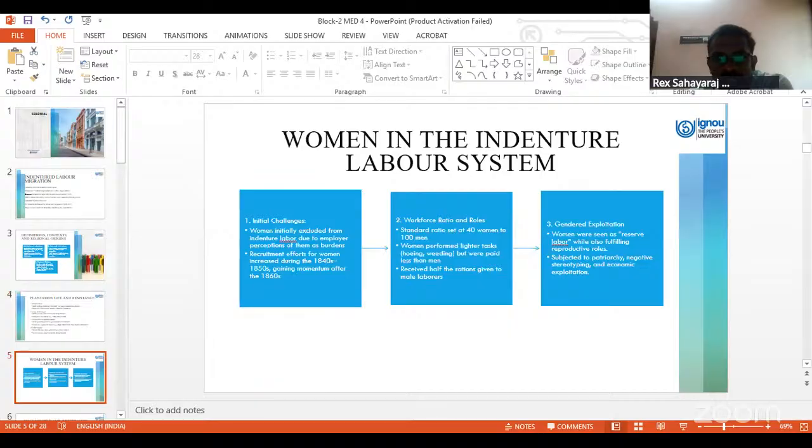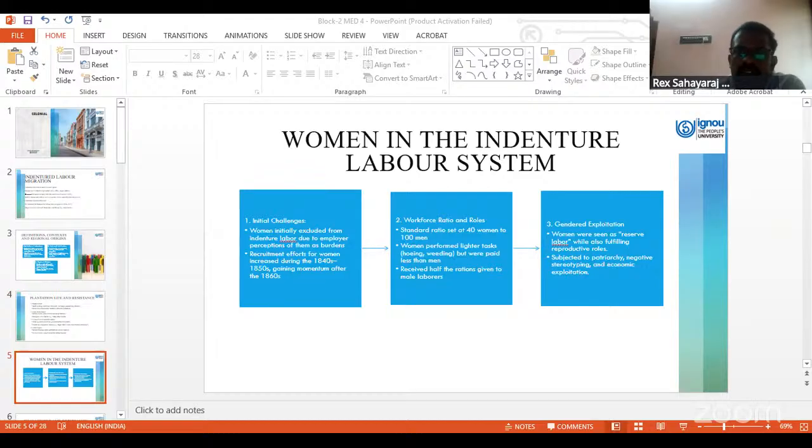So we see the women in the indentured labor system. It's another factor that we have to see, very important. Even though their numbers were very small compared to men, we have to understand how they were treated.